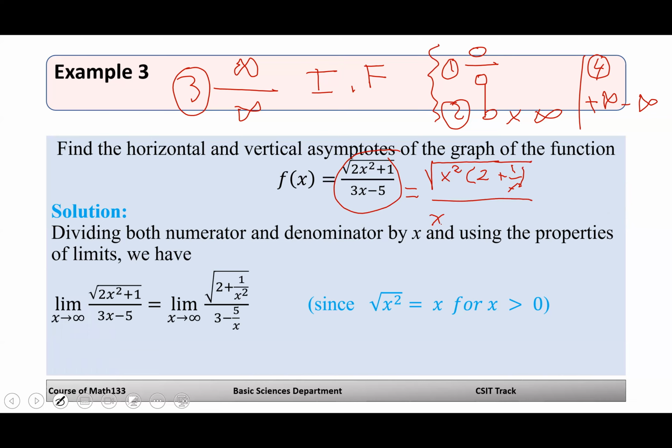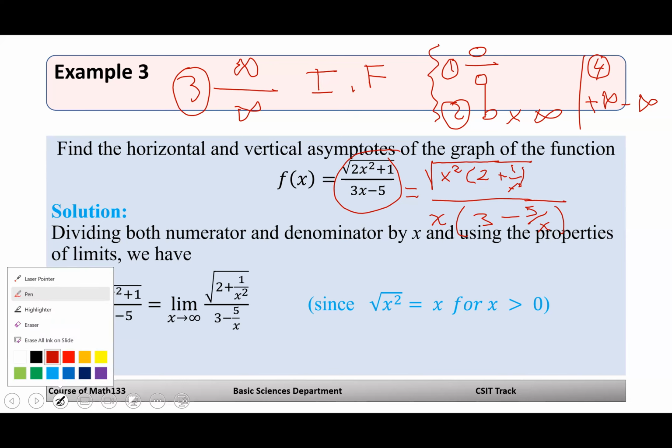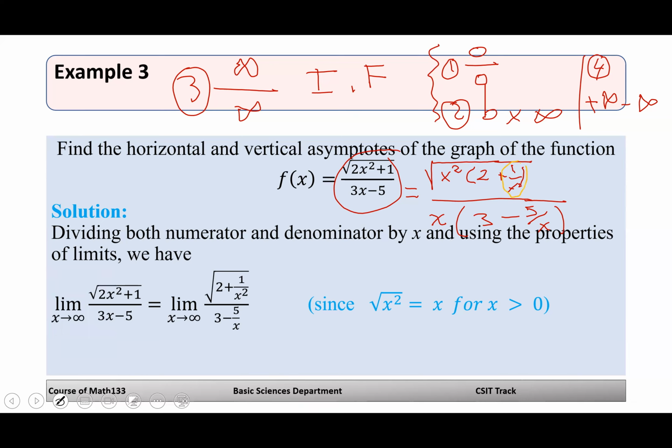So I will take x in common factor. 3 minus 5 over x. Now I will use the theorem of limit 1 over x power r to conclude. You remember here, this term will go to 0. This term will go to 0.